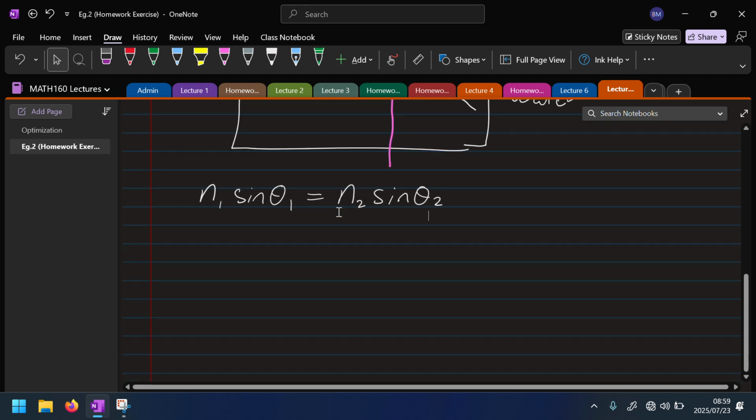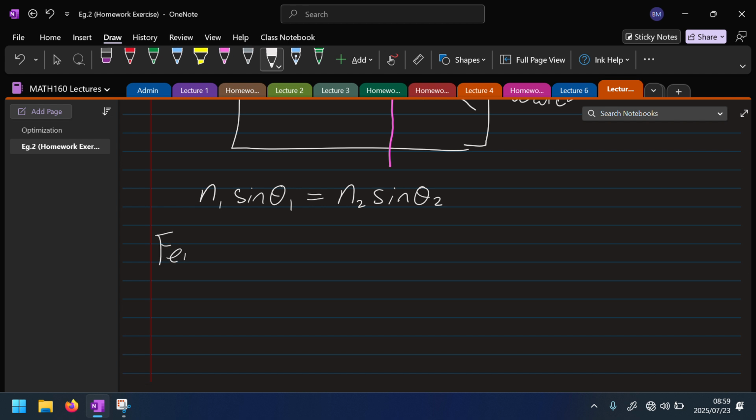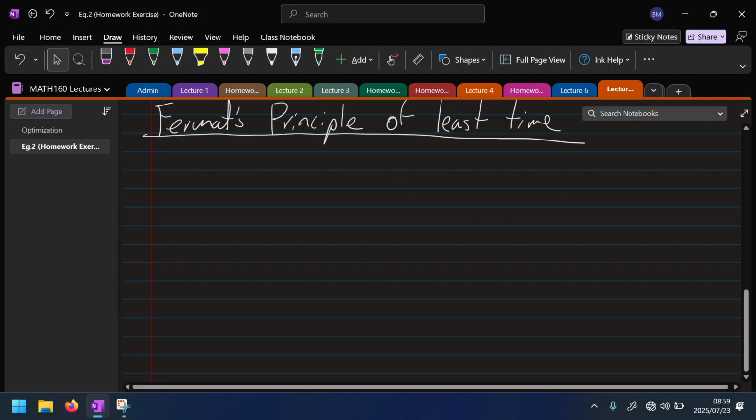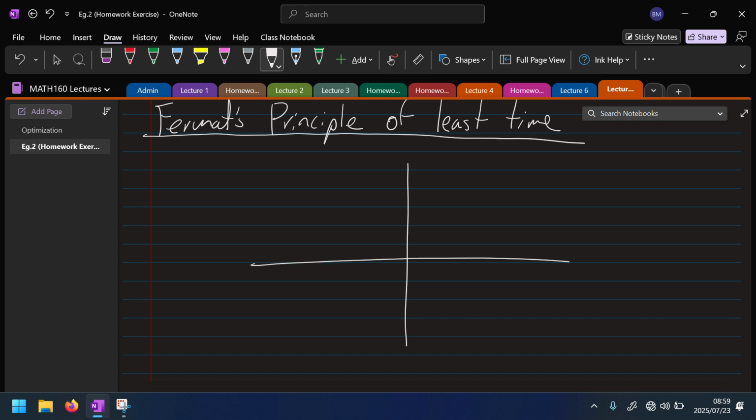Now, what is Fermat's principle? Fermat's principle of least time. Okay, so I'm going to redraw that picture. So it will be something like this. Okay, we've got that interface between the two mediums. So the top is air, bottom is water, or something like that.